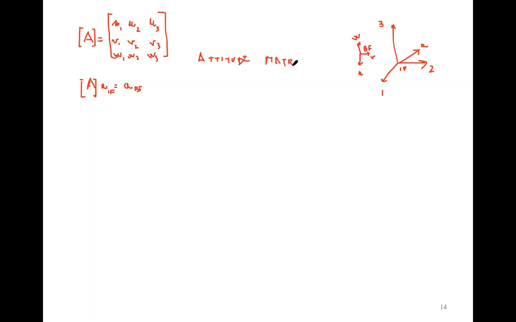The main properties of the attitude matrix are well known. The main property, since it is formed by a triad of orthogonal vectors, is that the matrix itself is a proper real orthogonal 3x3 matrix.